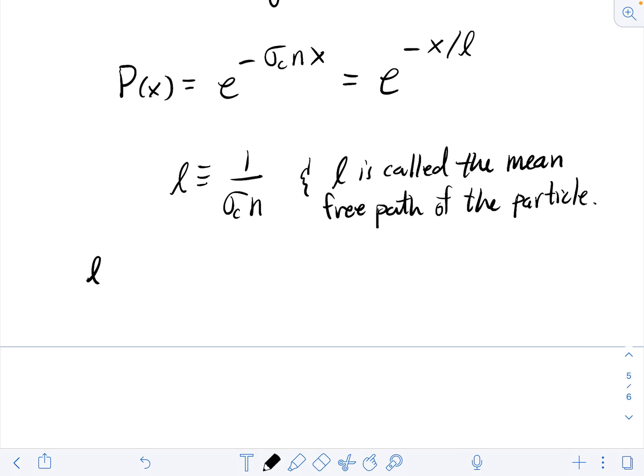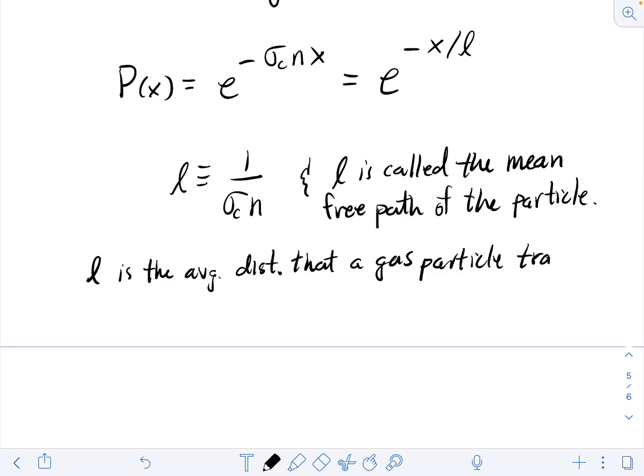What it represents physically is the mean free path is the distance, let's say it's the average distance that a gas particle travels between scattering events.